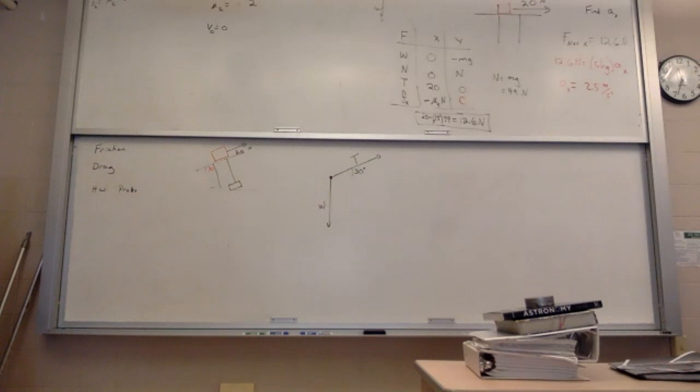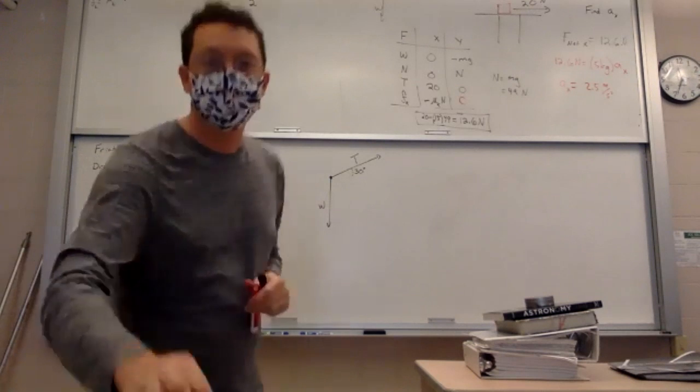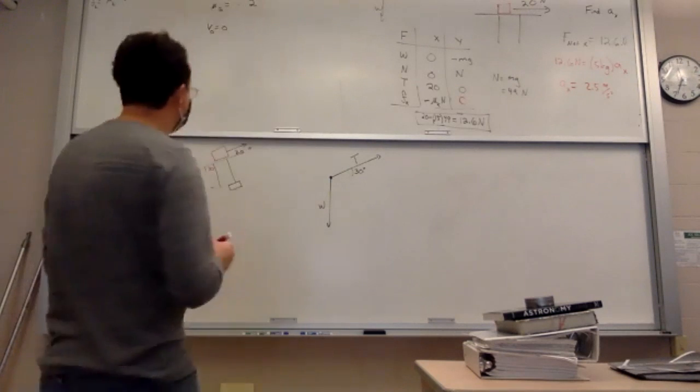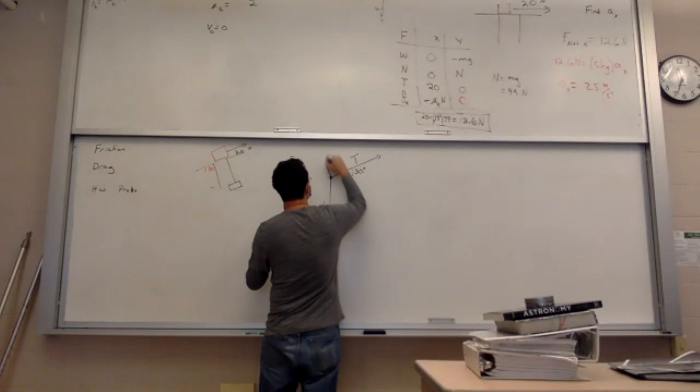What else do I know? What about the normal force? Which way does it point? Normal means perpendicular. So the normal force is going to be perpendicular to the table. So the normal force is going to go this way.